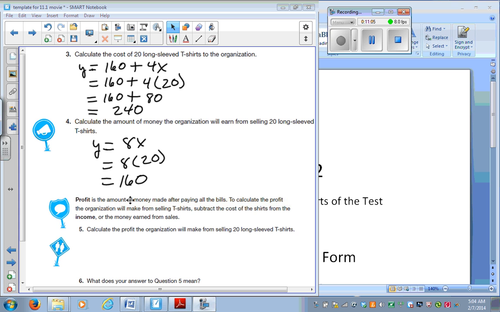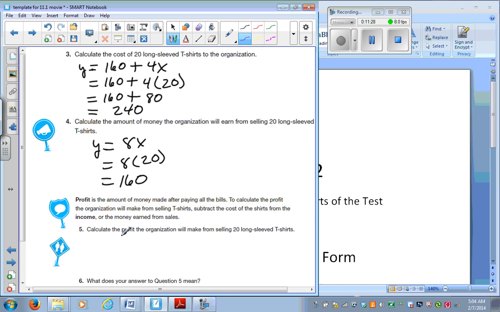So it says profit is the amount of money made after paying all the bills. So basically after the organization has paid to make those t-shirts, how much they're actually going to get in the end. To calculate the profit the organization will make from selling t-shirts, subtract the cost of the t-shirts from the income or the money earned from sales.